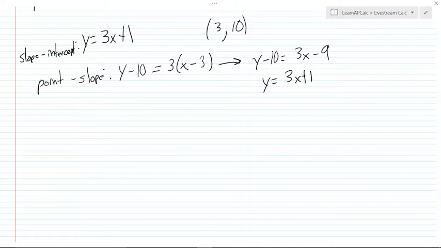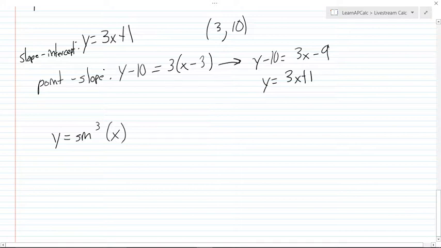Let's say that we have the function y equals sine cubed x. Actually, let me write this out in a different color so it's a little more clear.